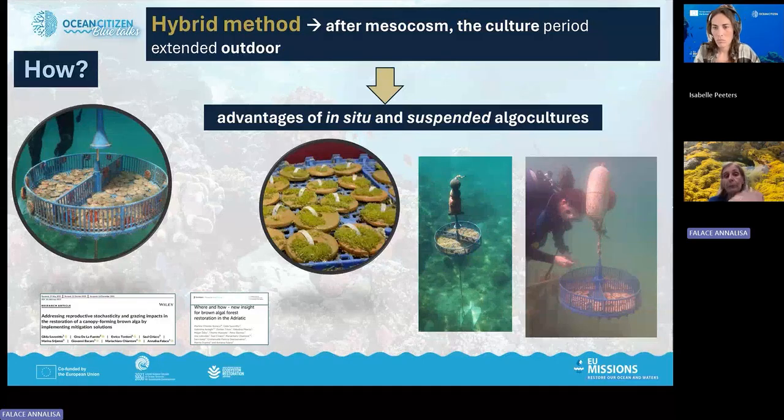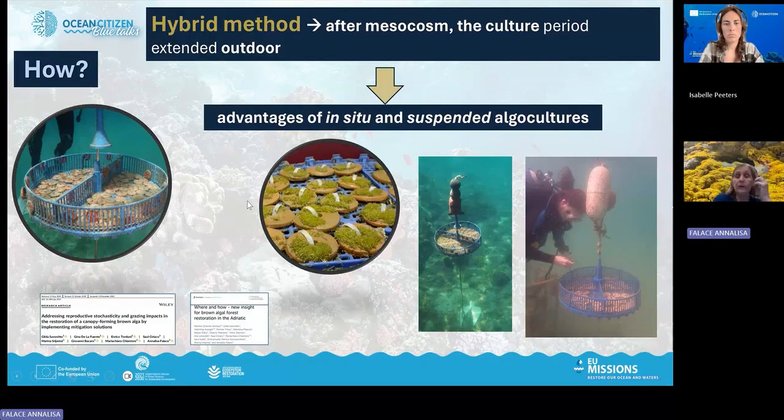You need a lot of people that work, changes of water, etc. So to reduce the cost, to reduce the work, we extend the period of cultivation directly in the field. Obviously, this is not good for the intertidal species, but better for the shallow subtidal species.